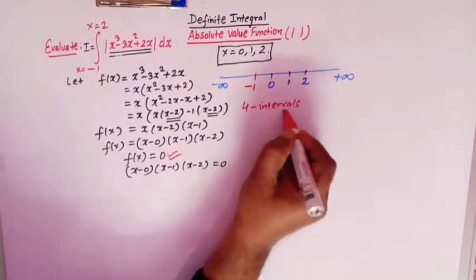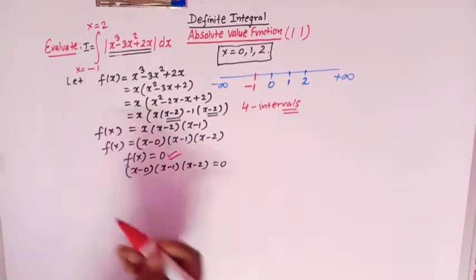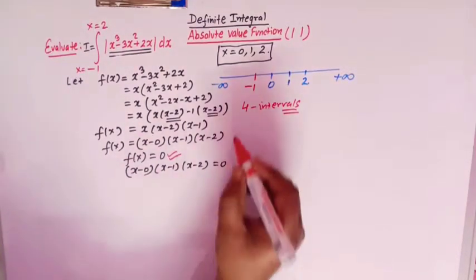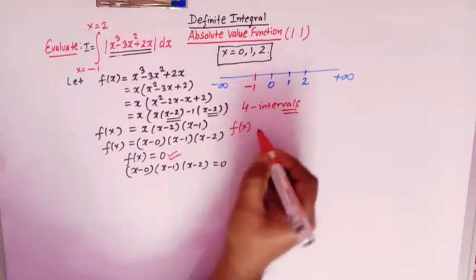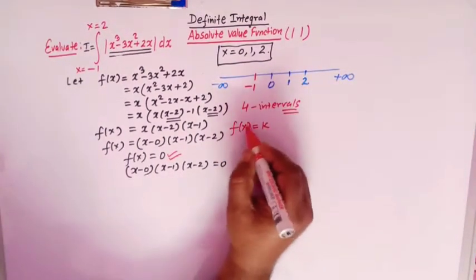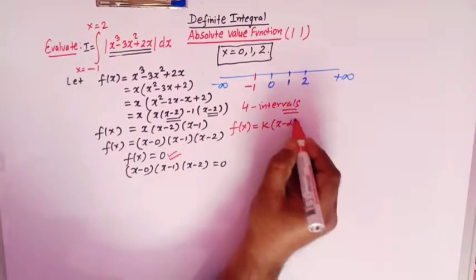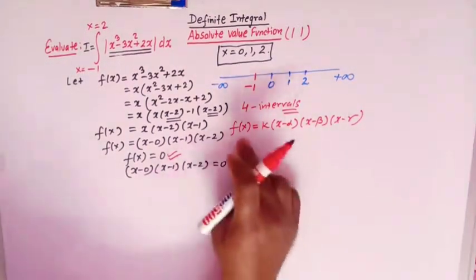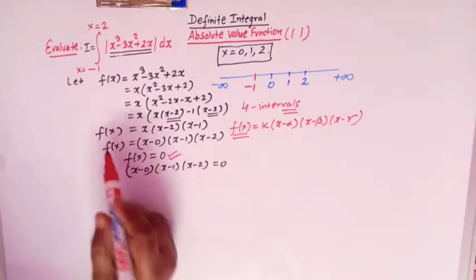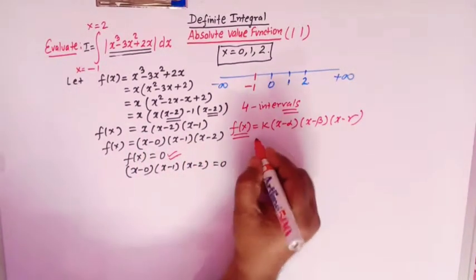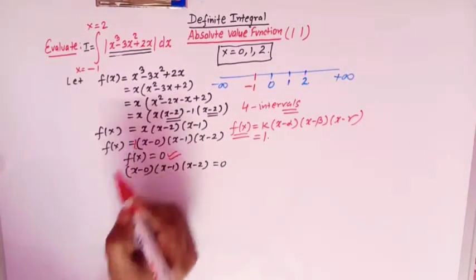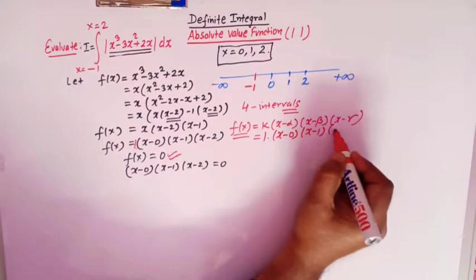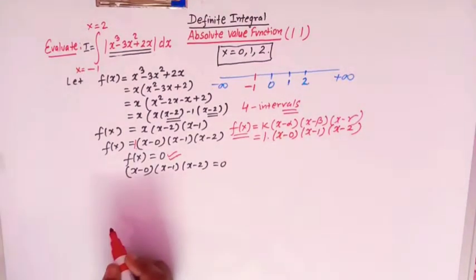We know from the theory of increasing and decreasing functions that if we have a function like f of x equal to k times x minus alpha, x minus beta and x minus gamma, then it divides the real number line into 4 intervals.